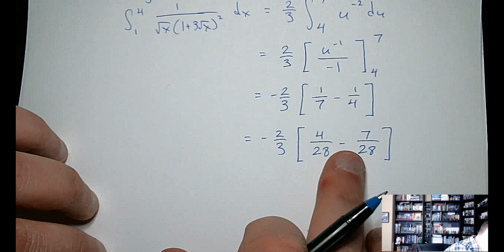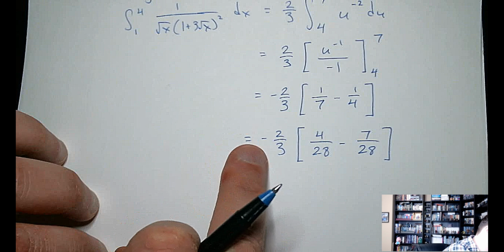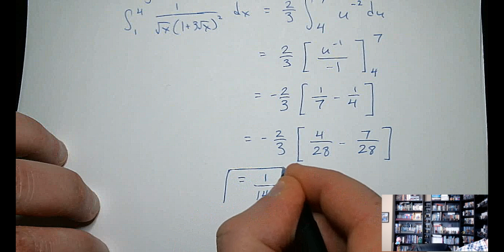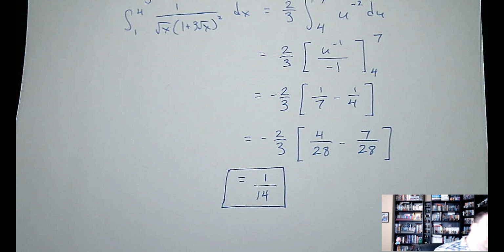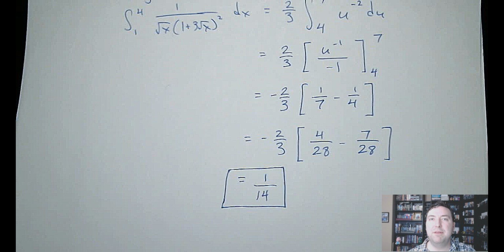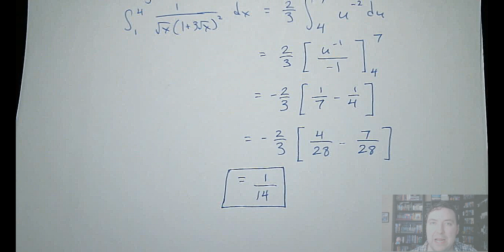So that's minus 3 over 28. Cancels the minus 3 that's already outside here, leaving us with 2 over 28, or 1 over 14. There's that first integral done. We'll move on to part B in the next video.